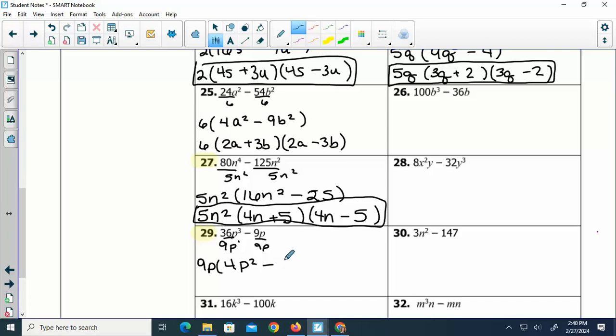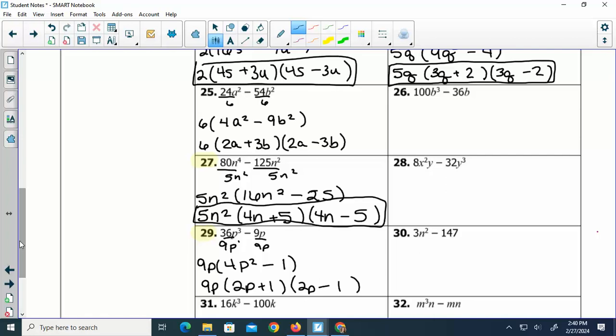Minus 9p divided by 9p would give us 1. Alright, so 4p squared would break into 2p. One's plus, one's minus, and the square root of 1 is 1. Alright, let's keep trying these. I don't think we're there yet.